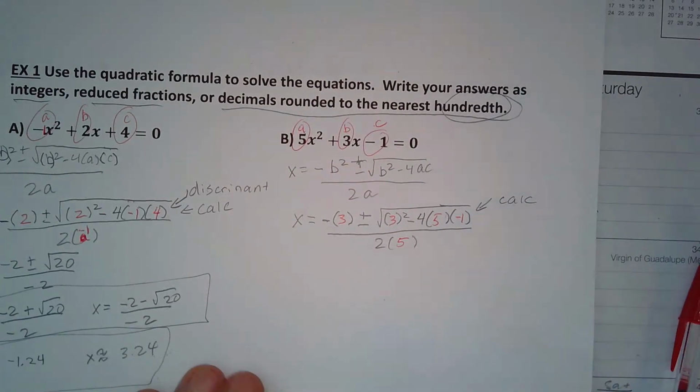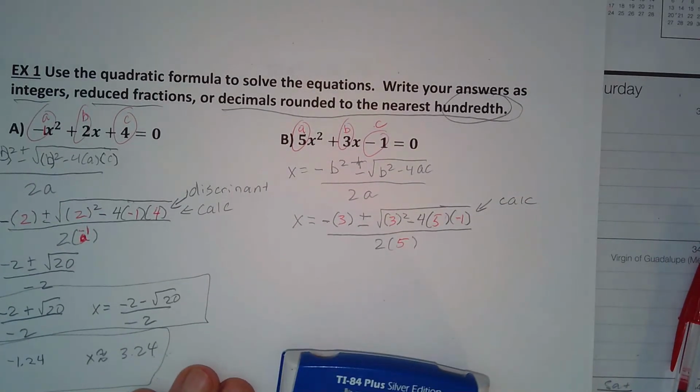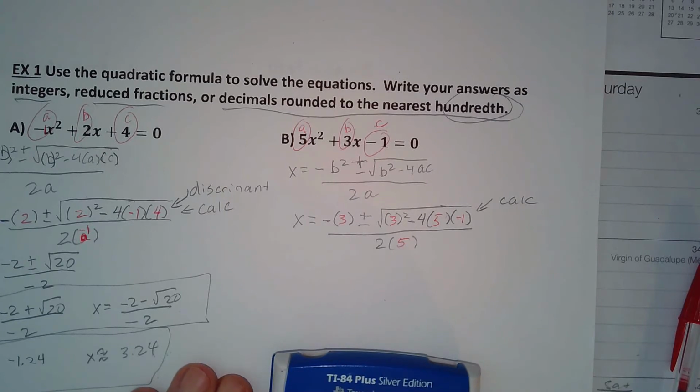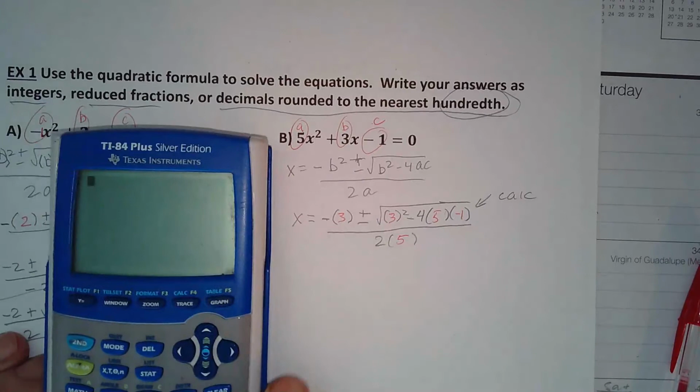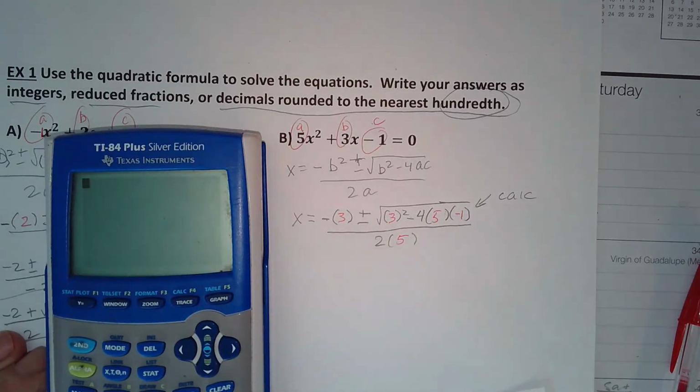So, let's clear this. So I want parentheses 3, and then I'm going to square that, minus 4, parentheses, my a is 5, and parentheses, and c is -1, and parentheses, hit enter, and I get 29.